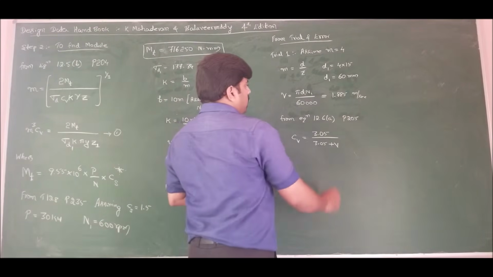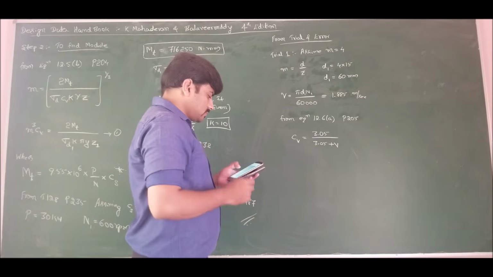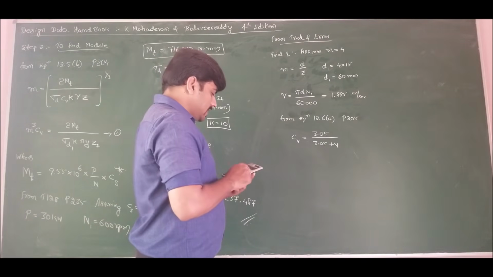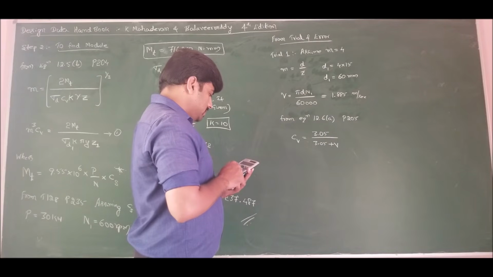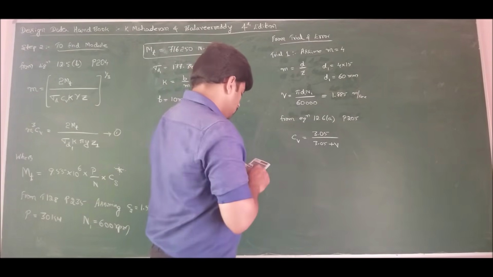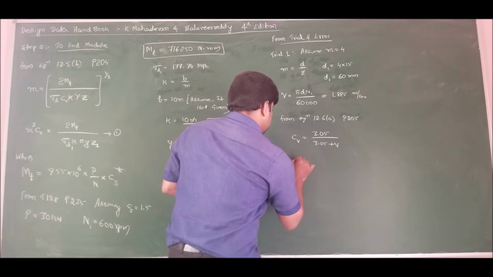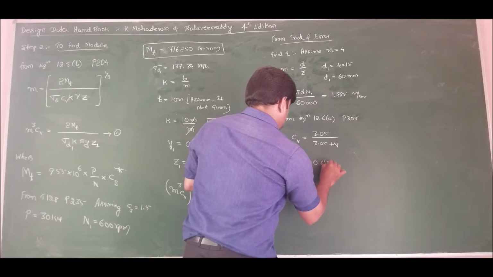We have velocity 1.885, which is less than 8 meters per second. Substituting into this equation, I will get CV as 3.05 by 3.05 plus 1.885, which is equal to 0.618.